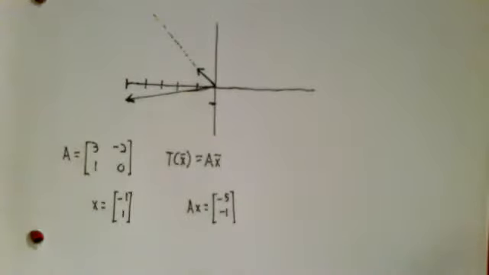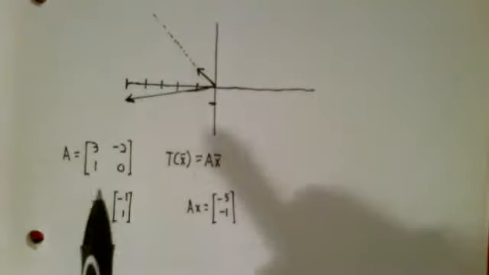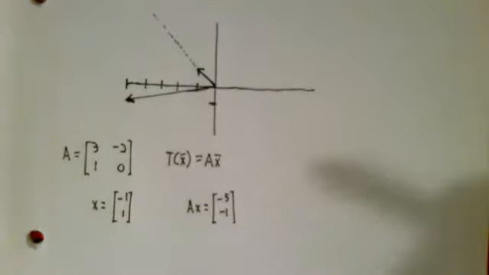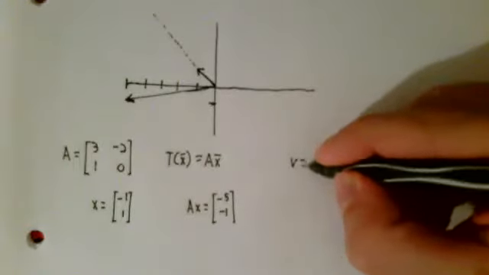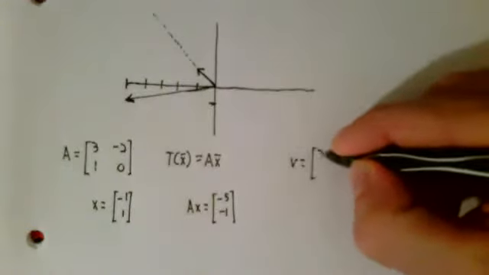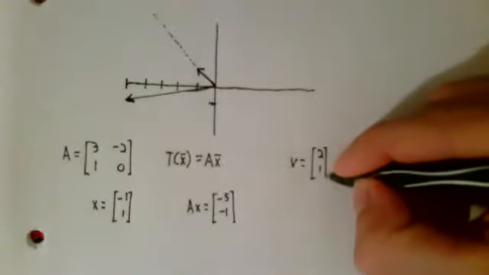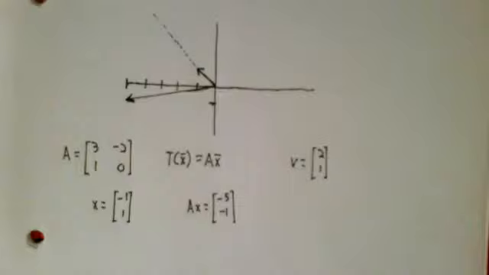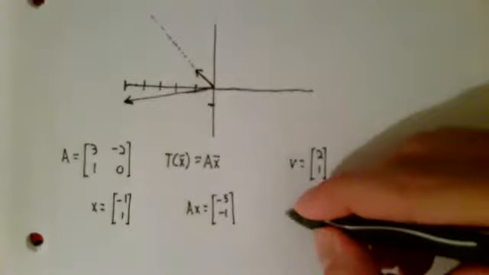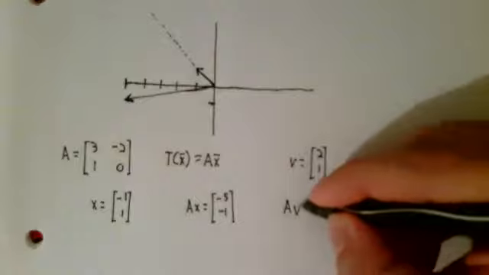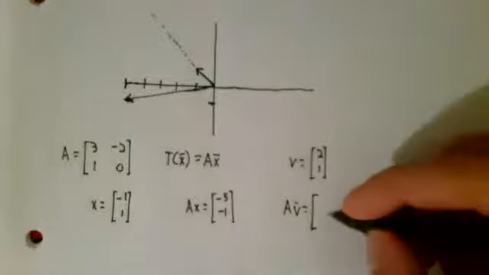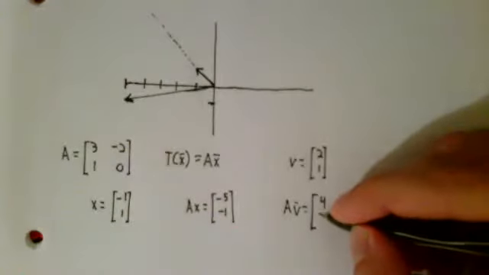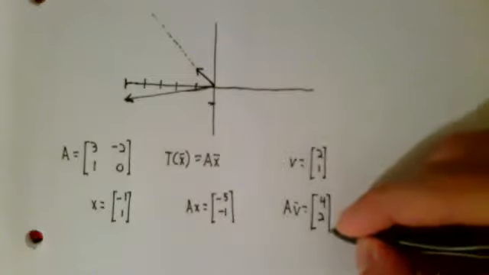Occasionally, however, you might have a vector whose direction is not changed. For example, let's let v be this vector here. Then we can multiply A times v like so.